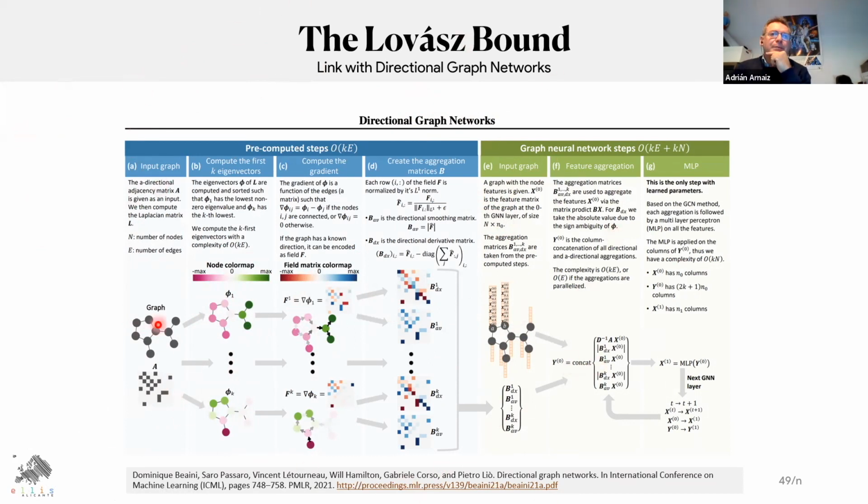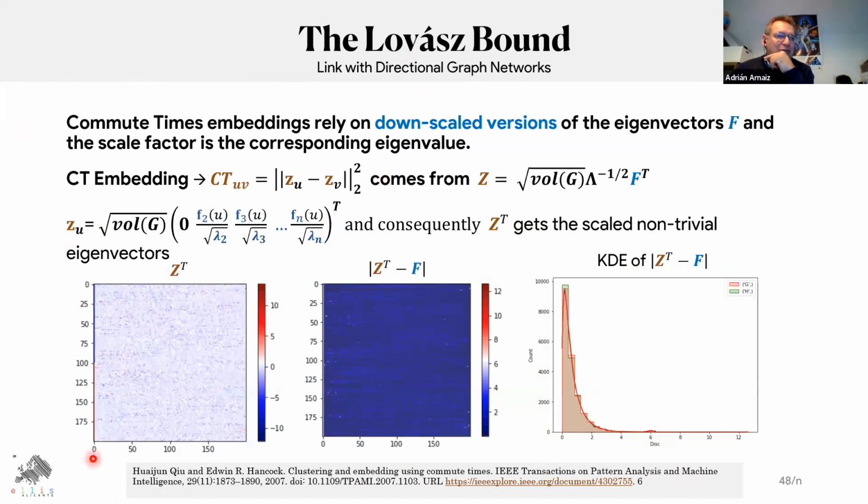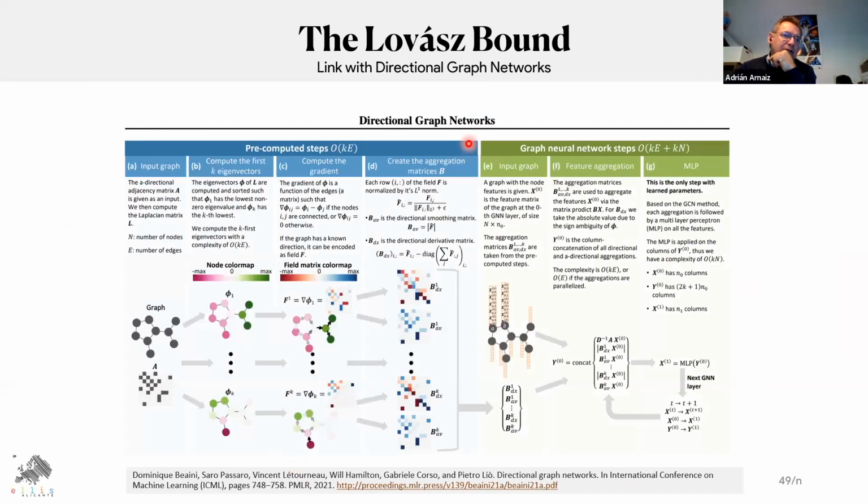All these things have to be precomputed, and of course you have to do that if we do it spectrally. But as we will see later in the next section, if we can learn these embeddings, we can remove all this step here. Basically, what we can do is make directional graph networks inductive.